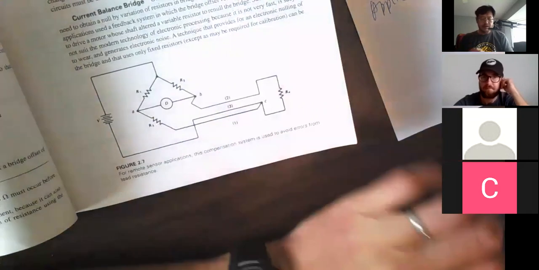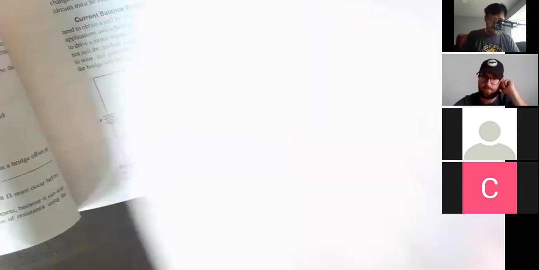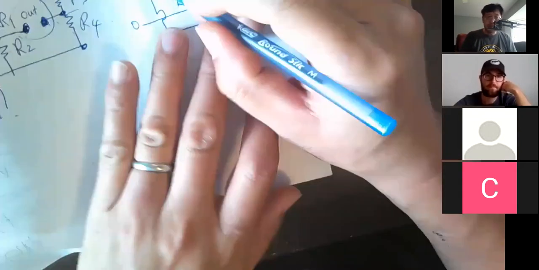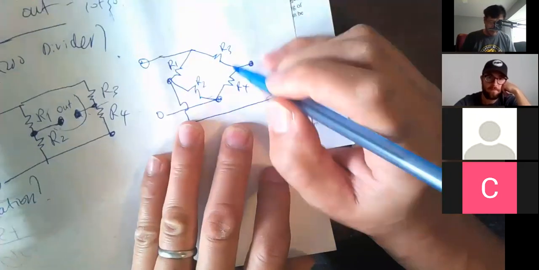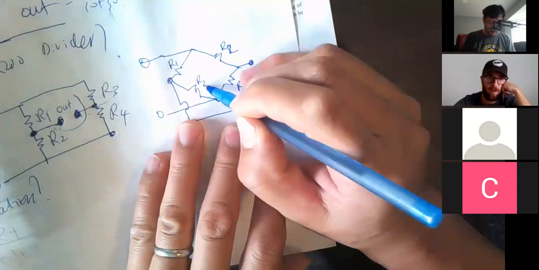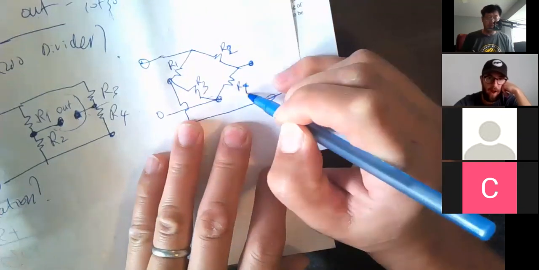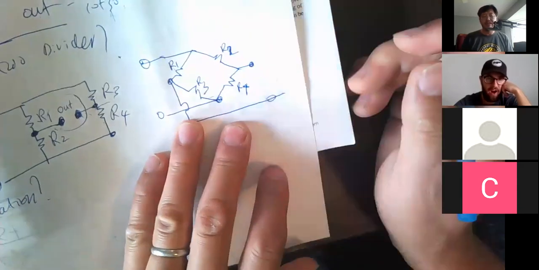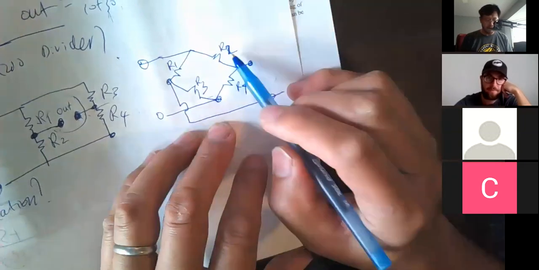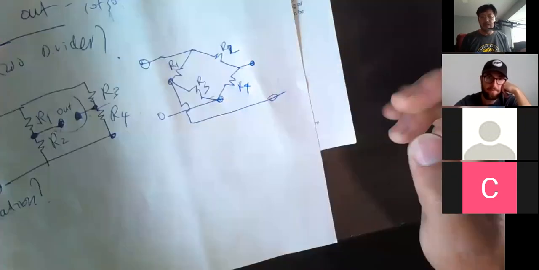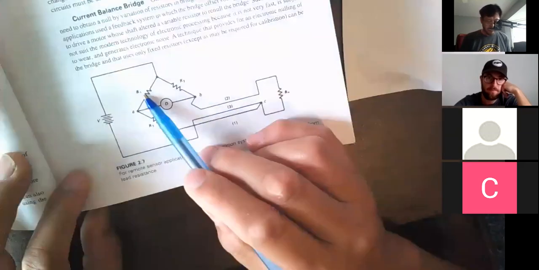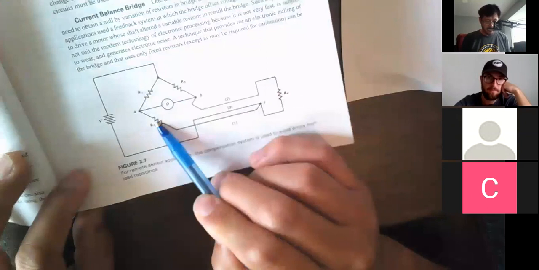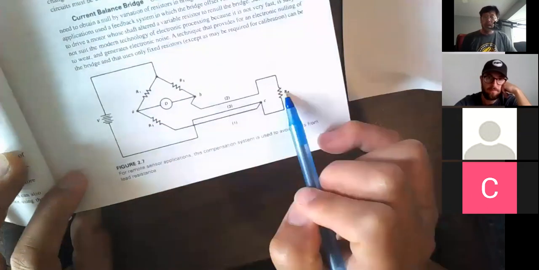So the author used 1, 2, 3, 4. The numbering doesn't matter. Yeah, we follow the author's style, so no confusion. So R1, R2, R3, R4.